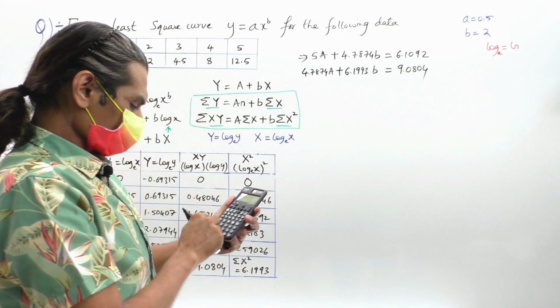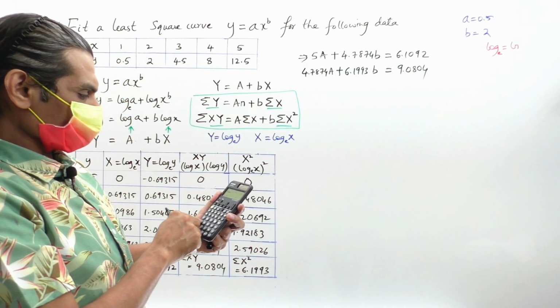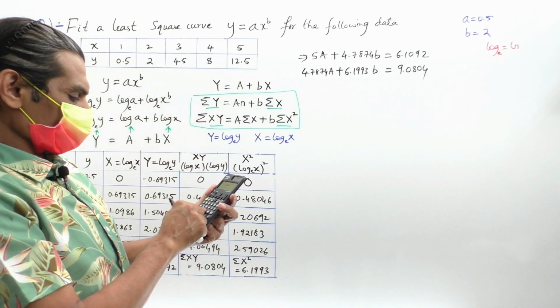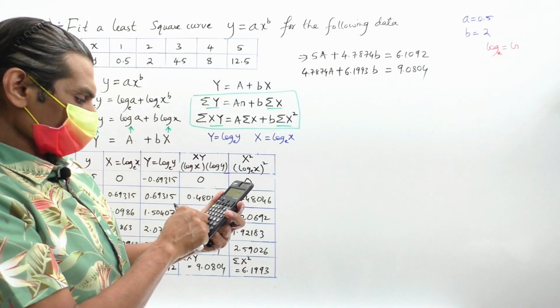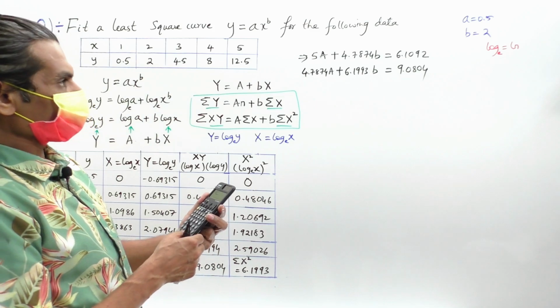The next row is 4.7874, execute. 6.1993, execute. Lastly 9.0804, execute. Plus execute.